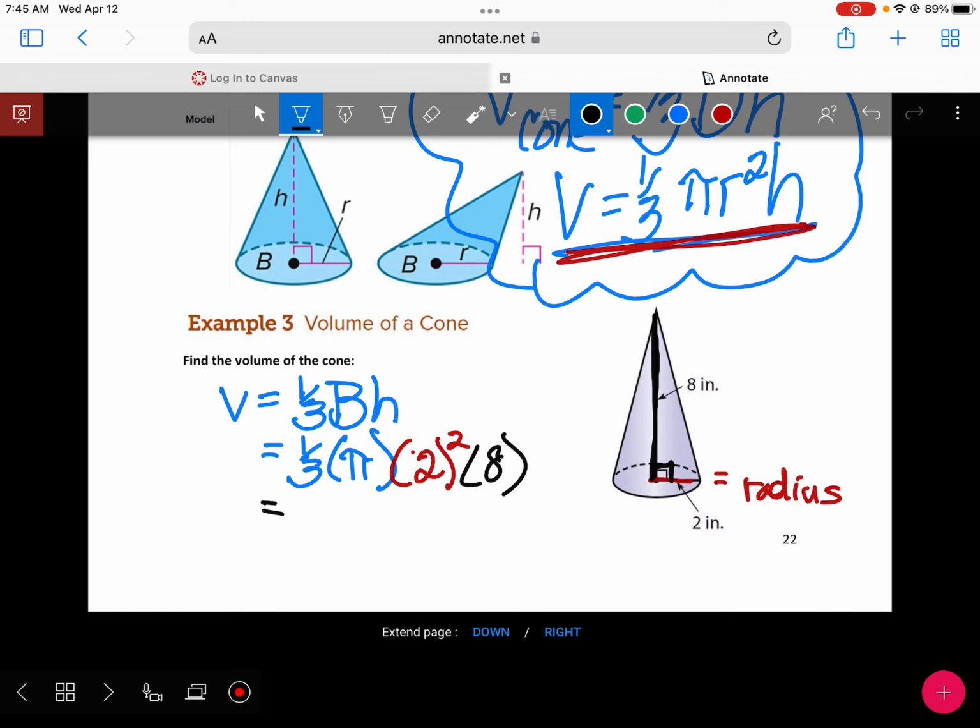So on your calculators, everybody, 1 divided by 3 times pi times 2, and then you do the x squared button, times 8. If you do all that on the calculator, what are we going to get?